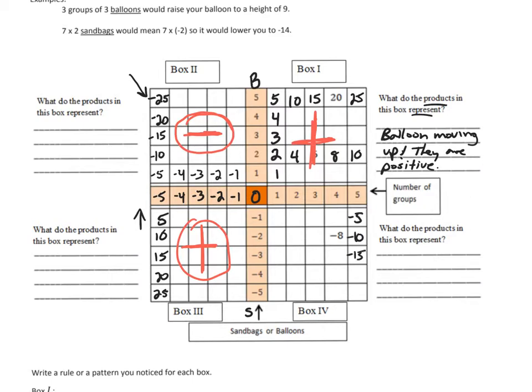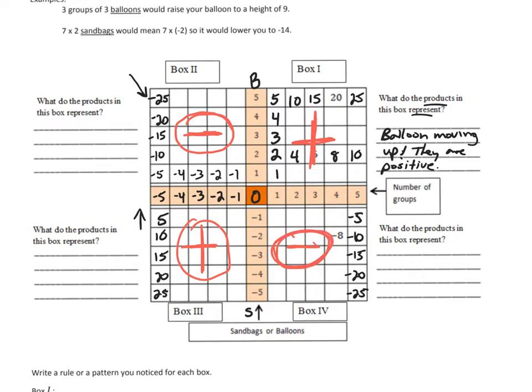And the pattern keeps coming back. So why is this one -25? Think about it. If you add 5 groups of 5 sandbags, you'll go down 25. So that means all of the products in box 4 have to be negative because you're adding sandbags.